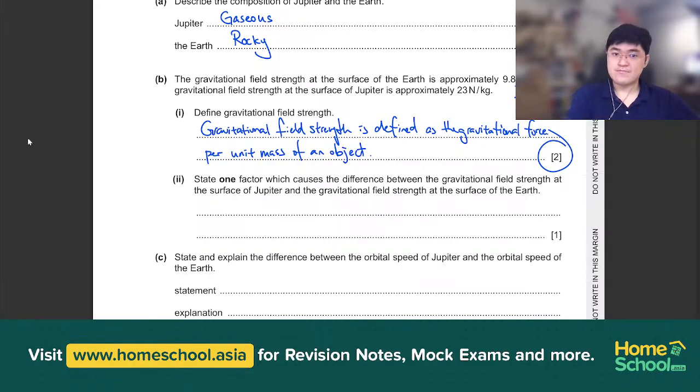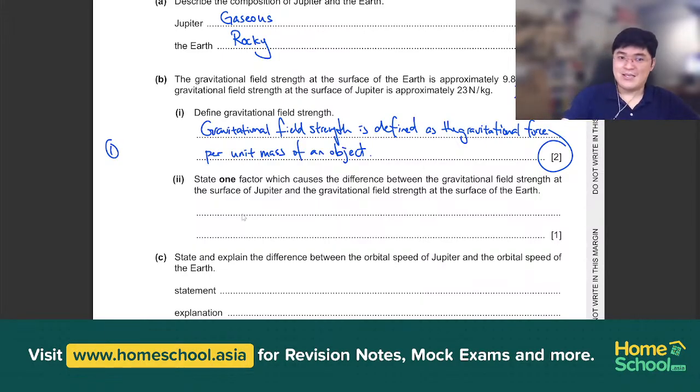Okay? So we are to state one factor which causes the difference between the gravitational field strength at the surface of Jupiter and the gravitational field strength at the surface of the Earth. As you can see here, Earth is 9.8, Jupiter is 23. Jupiter's is much greater than Earth's. Why is that so? Gravitational field strength is dictated by the distance from the center, basically where you are standing on the planet.